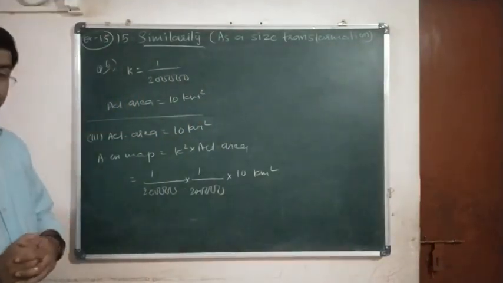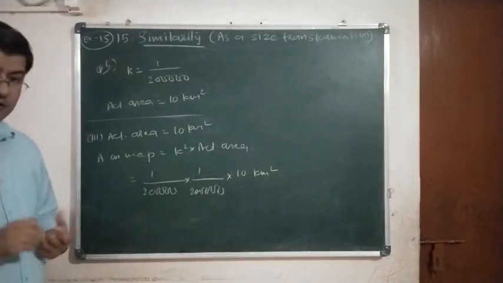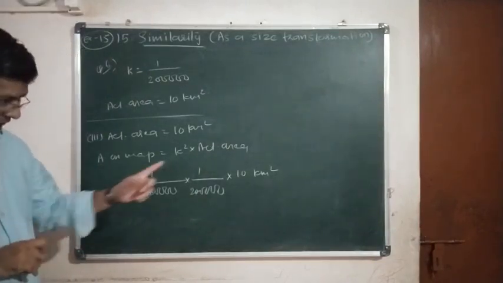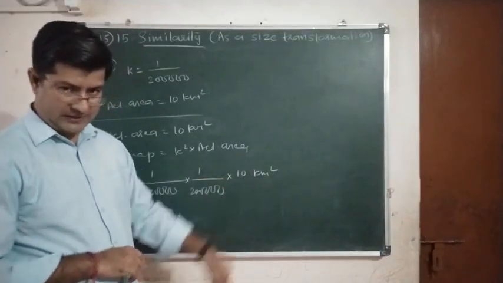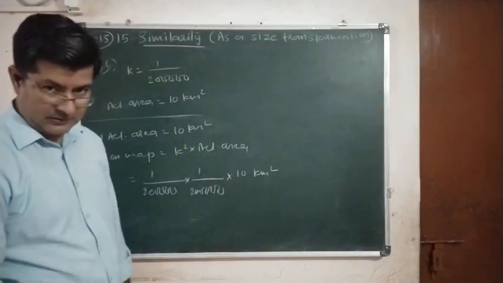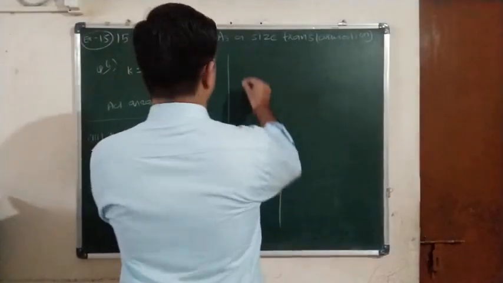Now obviously the area on map will be in smaller units, in square centimeters. So what we will do, we will convert this square kilometer into square centimeter. How? By multiplying with 1 lakh into 1 lakh. So let us do that.